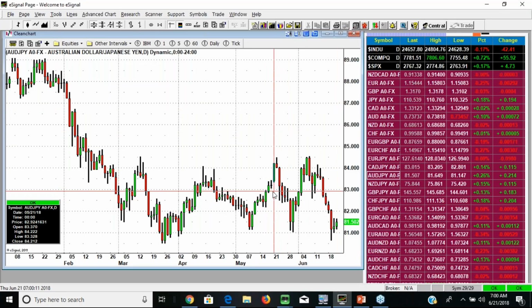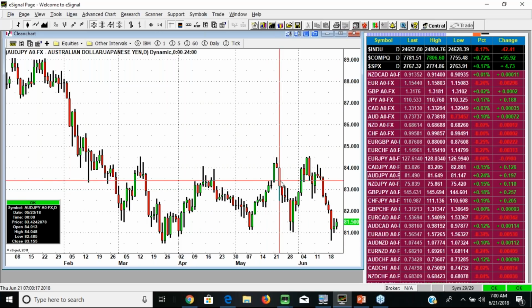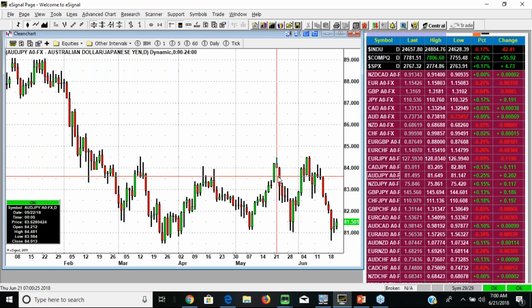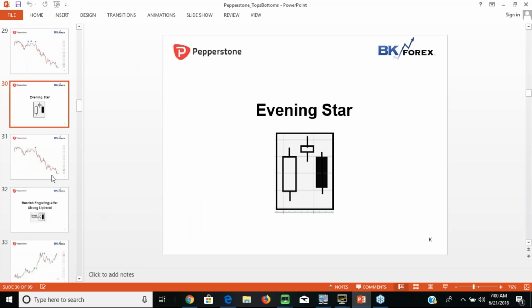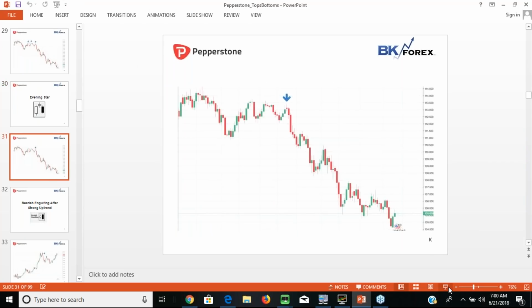So in this example here, you've got your nice green candle, you've got your indecision candle, and then you've got your breakdown candle. And in this setup here, if you sold this, you sold at 83.15, and your stop would have been at 84.50. So obviously a much larger stop. In the example I have here, this is a cleaner example.